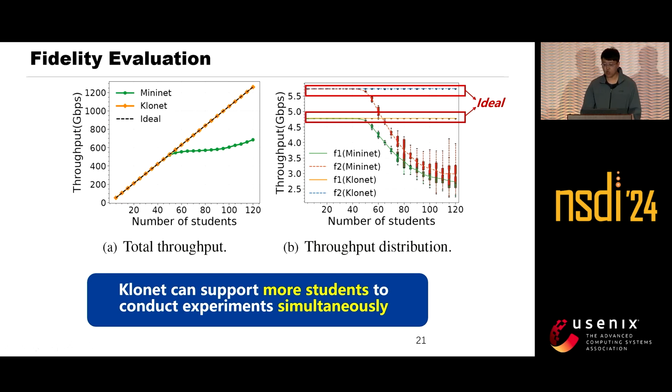The experimental results show that as the number of students grows, the sum of the Klonet throughput grows linearly and is the same across flows, which means that Klonet maintains scalability while the experimental results remain accurate. Therefore, we believe that Klonet can support more students to do experiments at the same time.